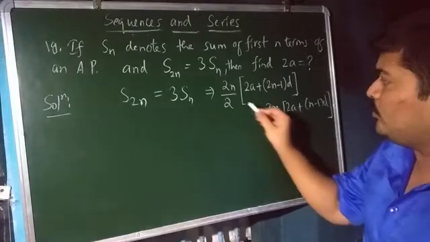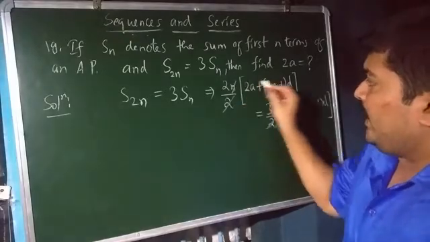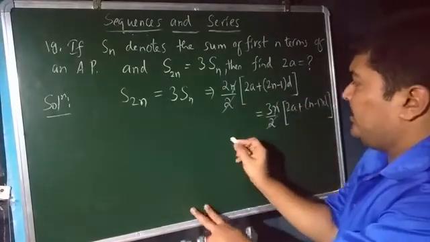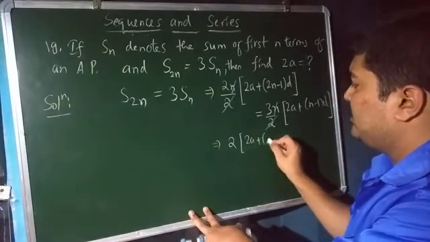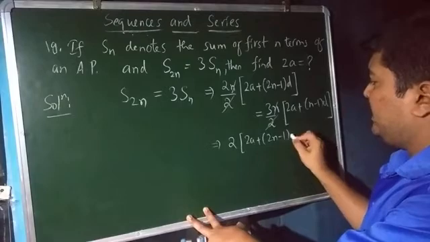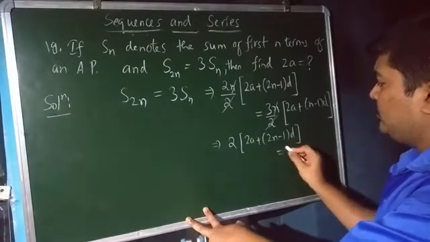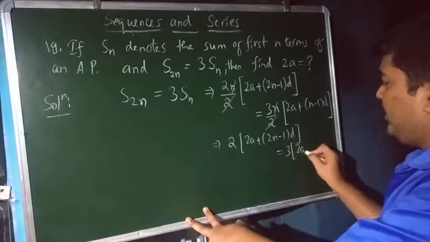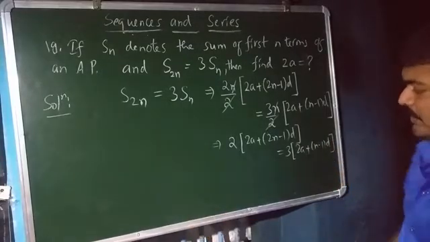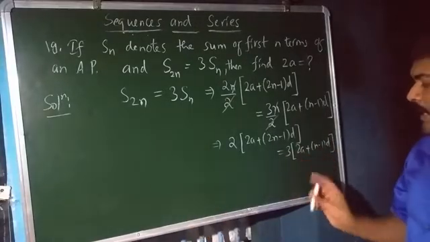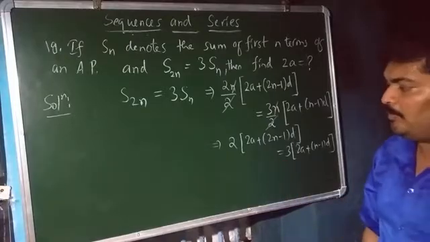Now see here, 2 will get cancelled, n will get cancelled. What you are just left with is 2 into 2a plus 2n minus 1 into d is equal to 3 into 2a plus n minus 1 into d, isn't it? I hope all of you can understand the solution up to here.